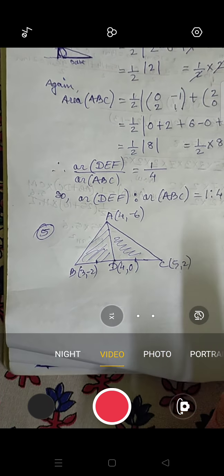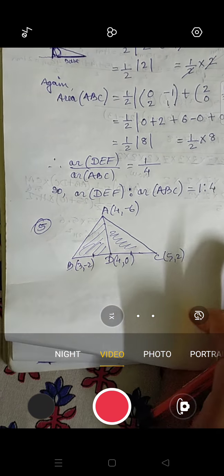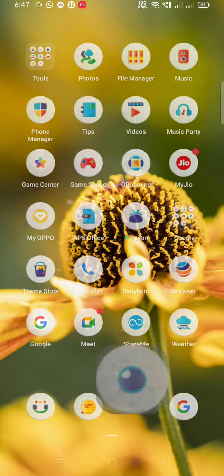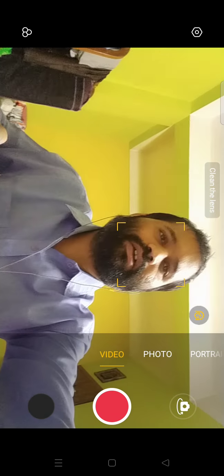Once your drawing is over, you can write: let the vertices of a triangle be A whatever, B whatever, and C whatever.